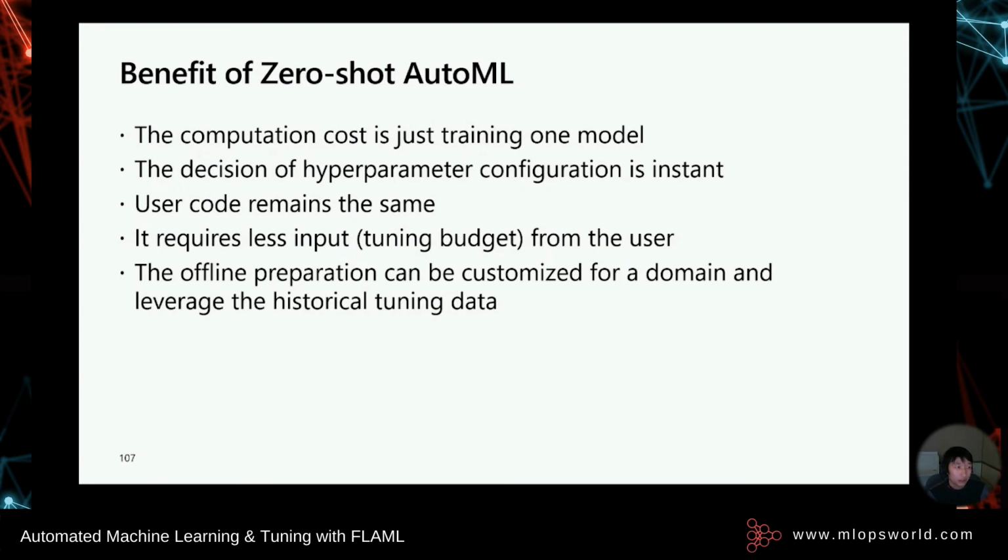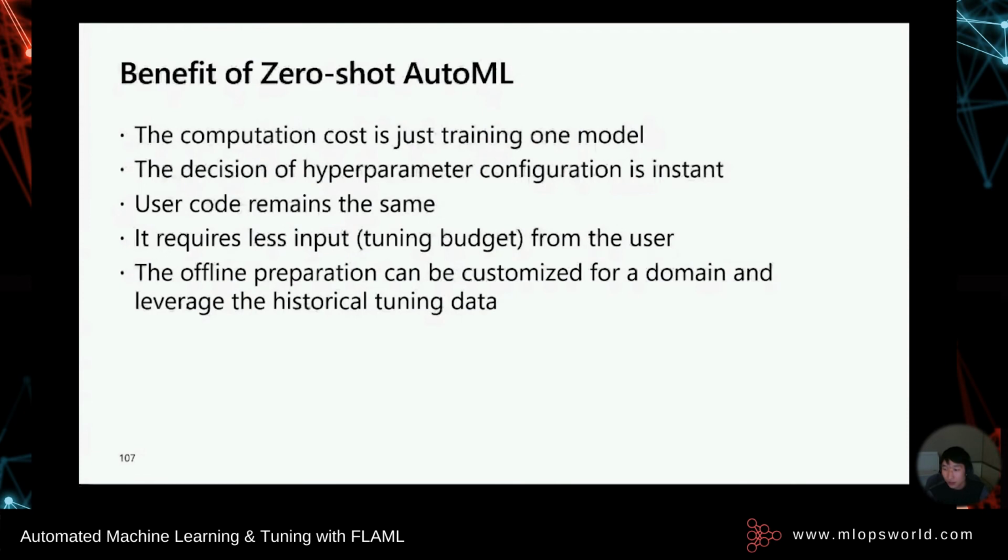Another big benefit is that your code doesn't need to change. If you currently have a workflow without a step for tuning, you can use zero-shot AutoML without breaking that workflow. Compared to tuning-based AutoML, zero-shot AutoML requires less input. For example, it doesn't need a tuning budget.